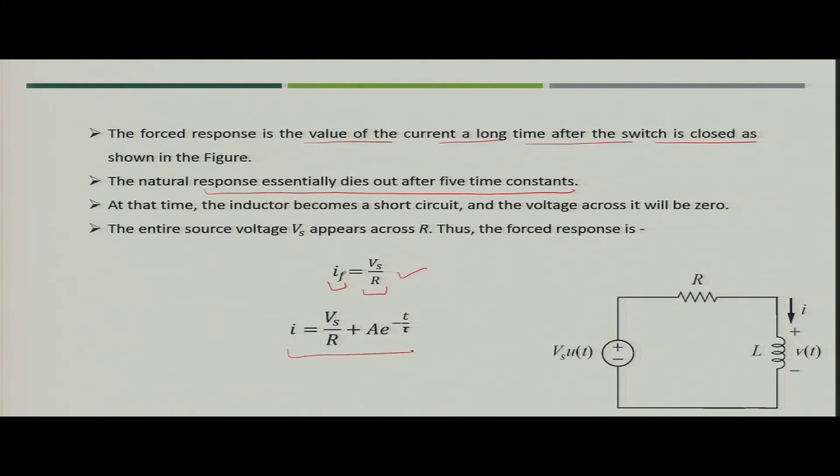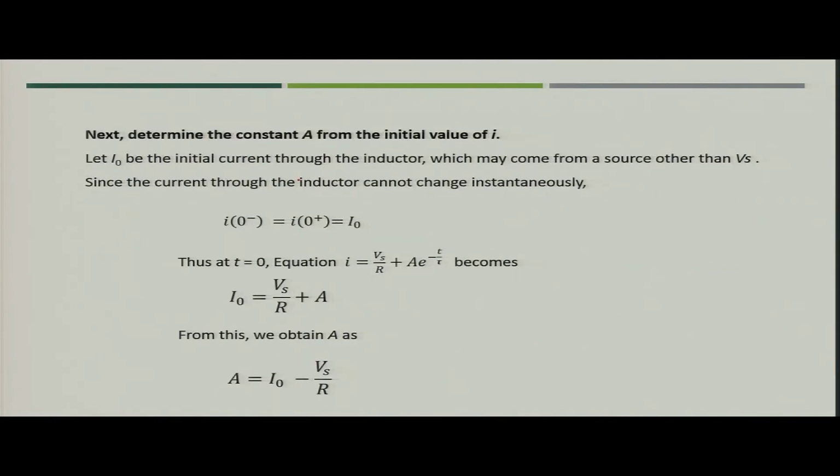So now I is IF plus IN, which becomes Vs by R plus A into e to the power minus t by tau. Next we have to find the value of the constant A. Let us assume that I naught is the initial current flowing through the inductor.